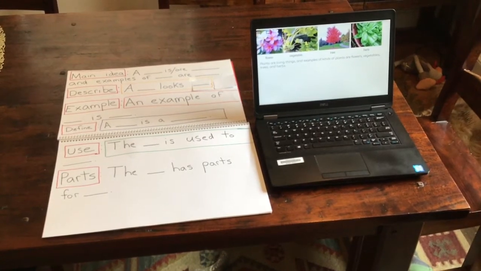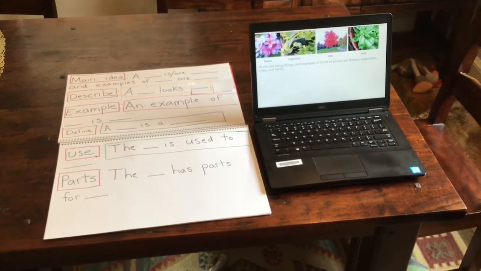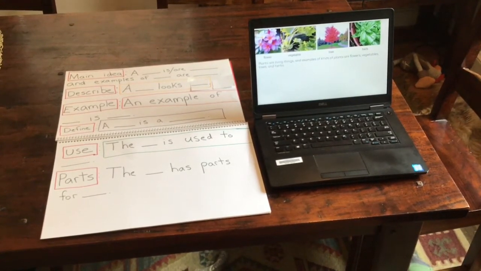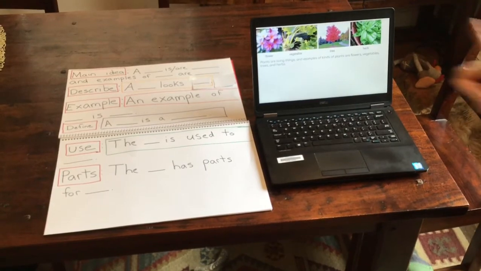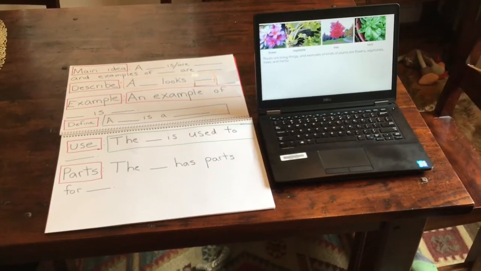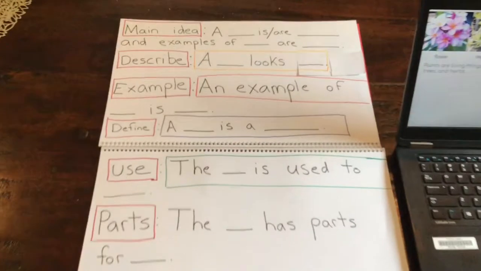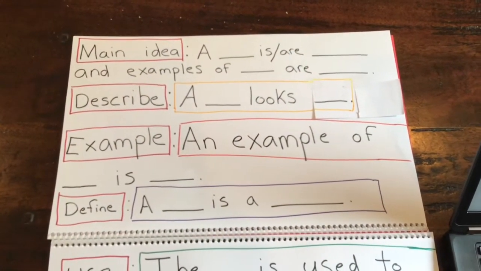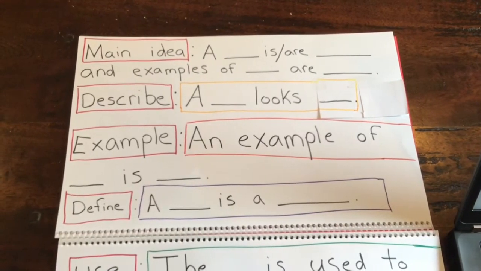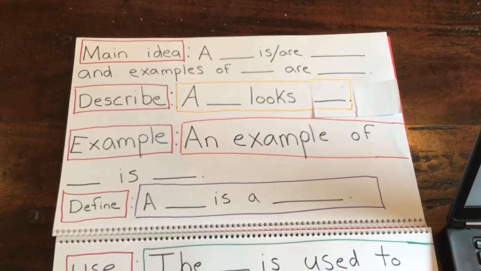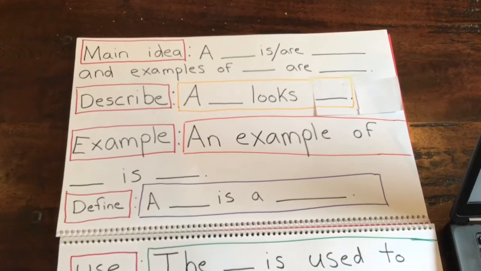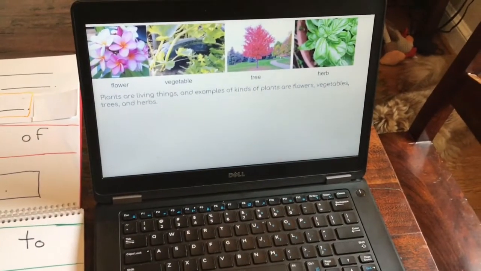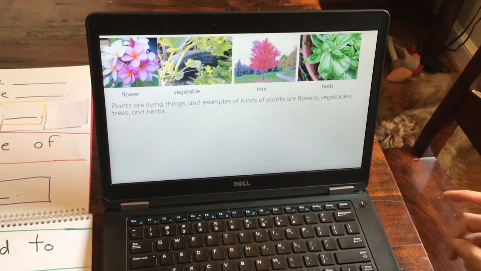My main idea sentence is plants are living things, and examples of kinds of plants are flowers, vegetables, trees, and herbs. If you look at my main idea sentence frame, you can see that I pretty much used that. Again, it's a sentence frame meant to help you, so I changed it a little bit to be just right for my sentence.